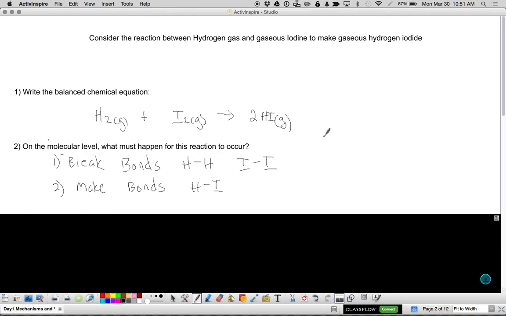So these two molecules must be close enough, so 3, the reactants must get close enough to react. Okay, so more on this later.